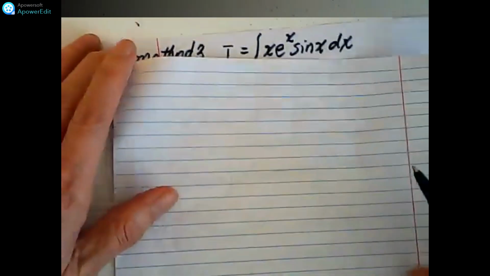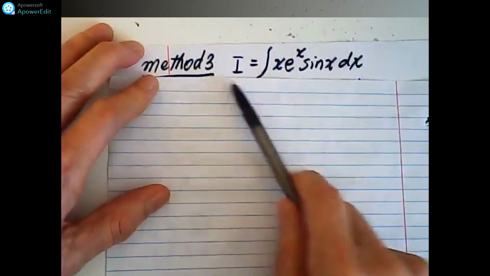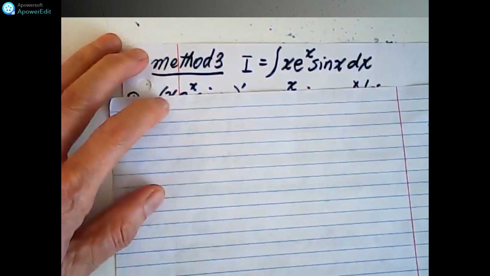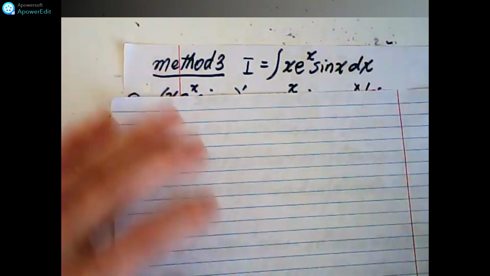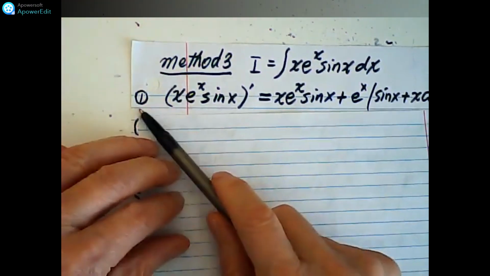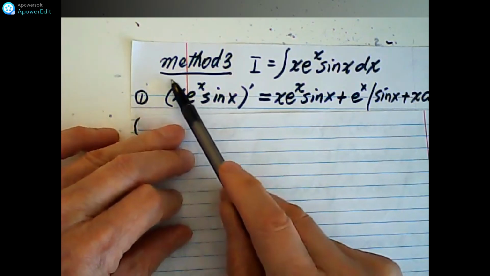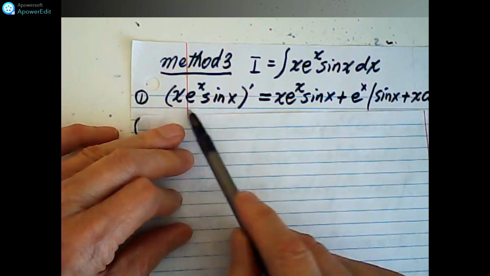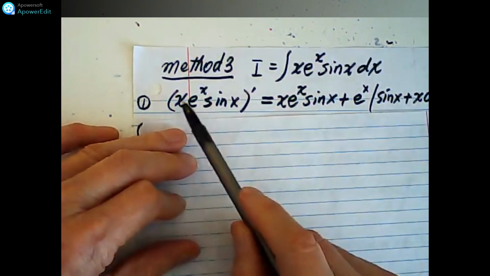Now method 3. Method 3 is a very nice method, but rather tricky. First, I consider this, and differentiate this one with respect to x, which gives this.